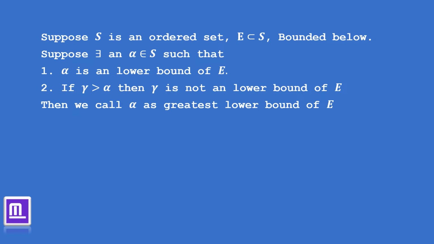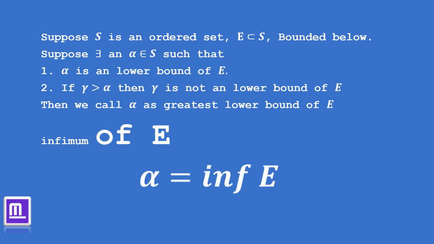Alpha is a lower bound, and any number greater than alpha is not a lower bound. So this is the greatest among the lower bounds. This is also called the infimum of E, and it is denoted by this symbol.